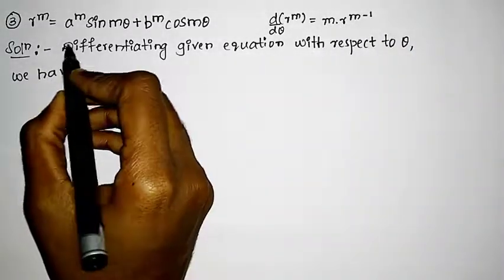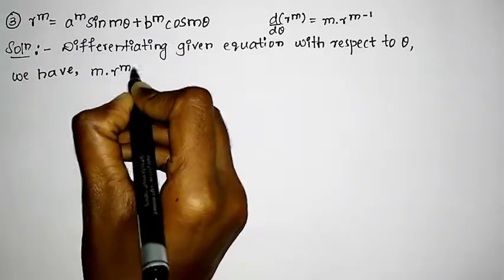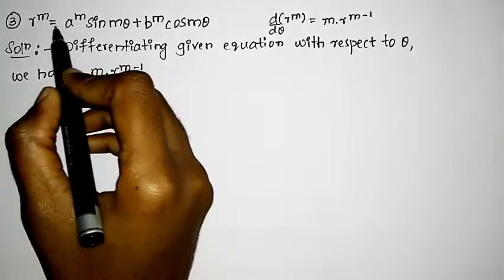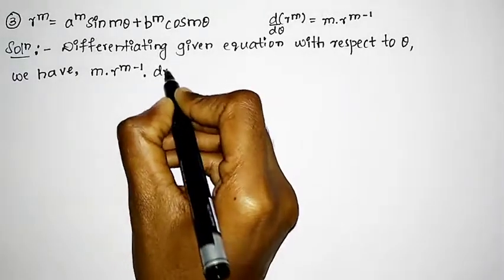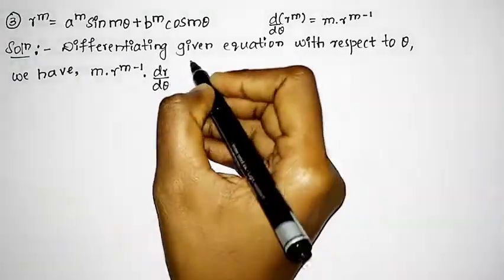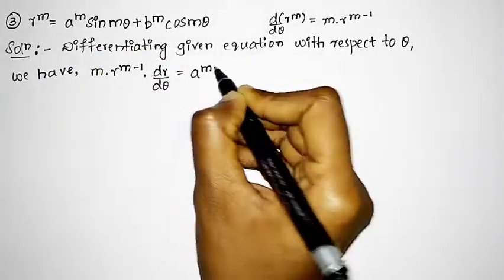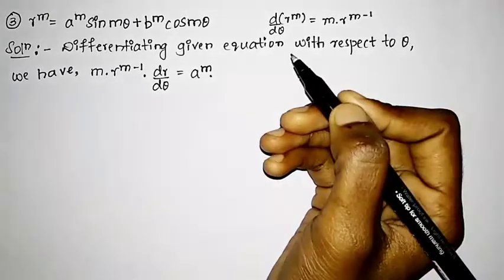So differentiation of r raised to m is written as m into r raised to m minus 1, into r, since we are differentiating with respect to theta. So differentiation of r with respect to theta is nothing but dr upon d theta. Then is equal to a raised to m, keeping a raised to m as it is, into the differentiation of sin m theta.